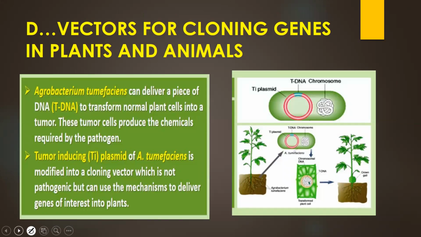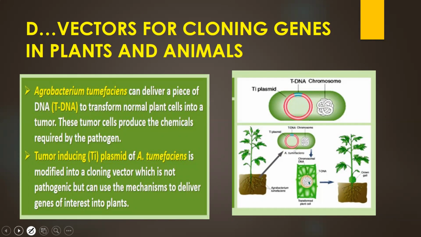Agrobacterium tumefaciens is a pathogen of several dicot plants and is able to deliver a piece of DNA known as tDNA, which transforms the normal plant cell into a tumor to produce the chemical required by the pathogen.